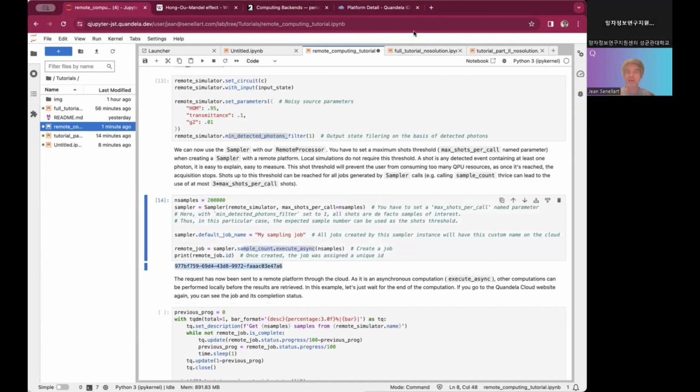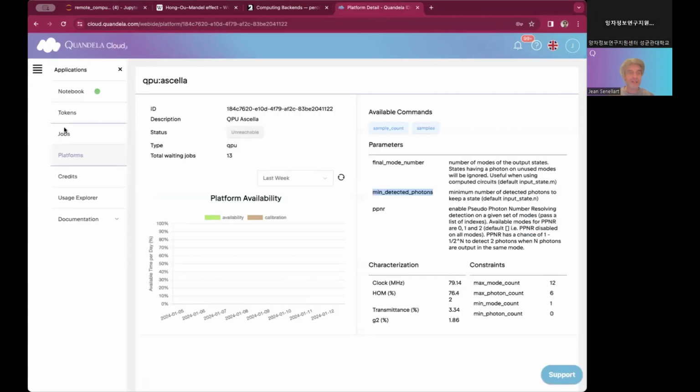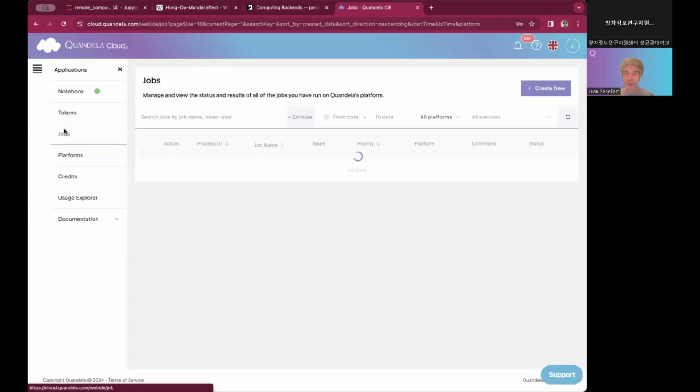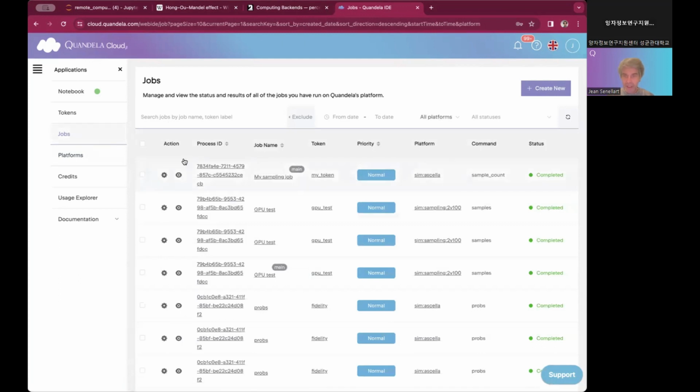So I can go on the platform details here. I can go to the job. There is a job here, but it's already completed. So the job that I just launched has been completed.